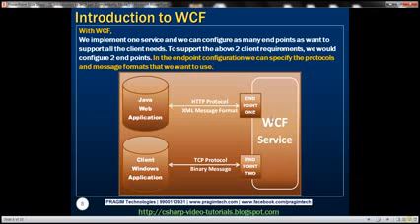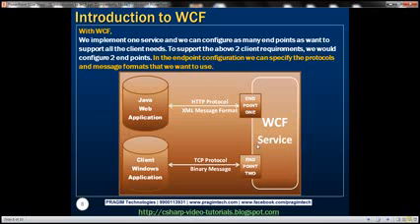With a single WCF service we are able to achieve both things. Not only that, there are several endpoints that we can configure and several bindings as well. We'll discuss all this endpoint configuration and binding configuration in a later video session. But for now, you might have understood what WCF is and why we should be using it.